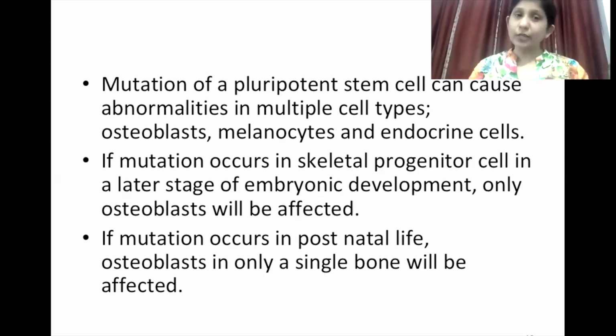What I mean to say is that development takes place in stages. If the problem has taken place in the later embryonic stage, it will only affect the osteoblast, so only bone will show these problems. But if the mutation occurs in postnatal life, that is after birth, osteoblasts in only one single bone are going to get affected.